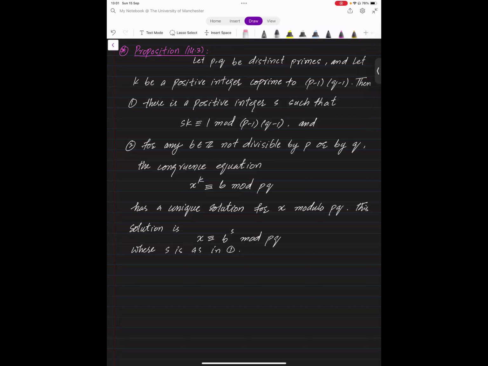Okay, nothing different, we are just considering the two primes and then their product. Everything is quite similar.